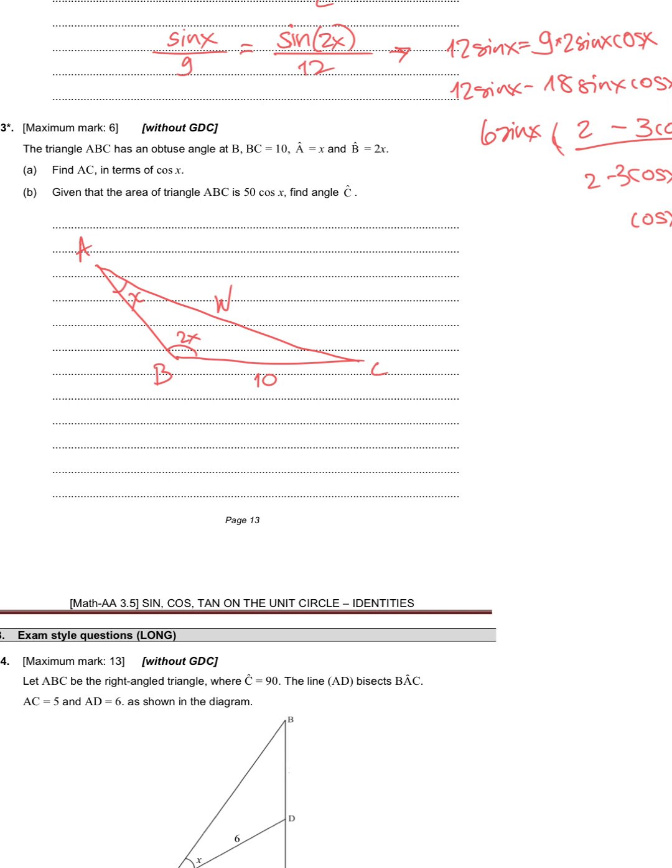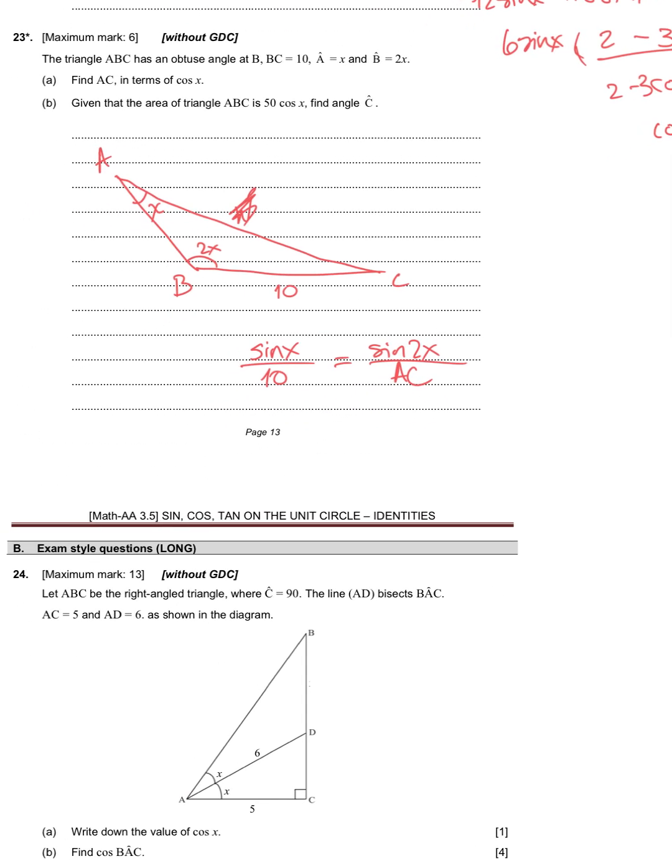So again, we're going to use sine rule. So we have sine x over 10 equals sine 2x over AC. I'll use AC because I think I ran into trouble one time before. So cross multiplying, 10 and then times 2, so 20 sine x cosine x, and then subtract that and get it equal to 0.